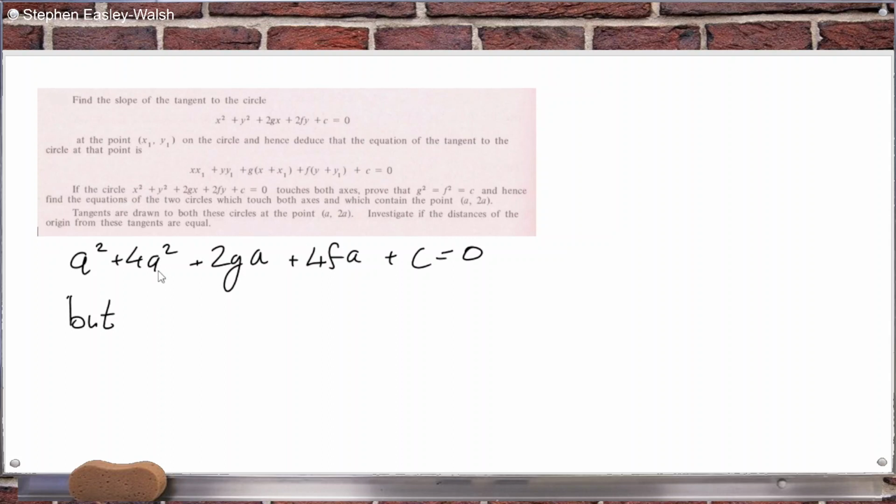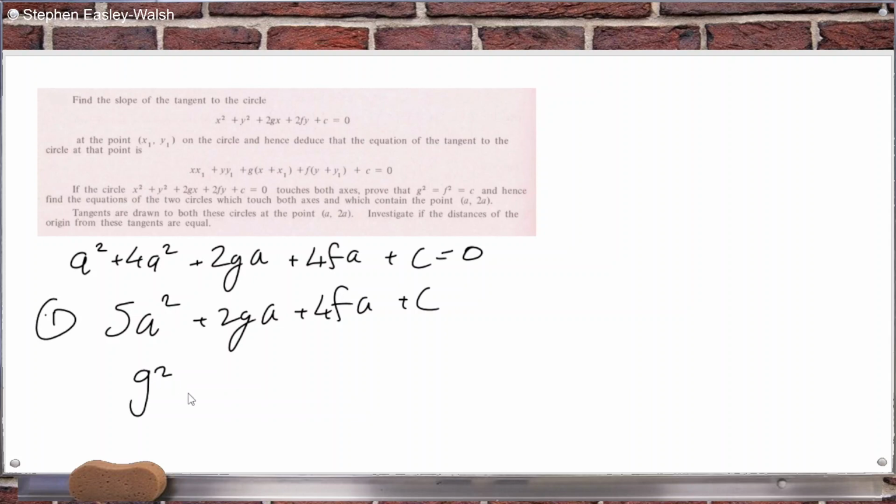So I think I can make an equation here, and then I can make a couple more equations, and maybe I can solve the system. So that's 5a squared plus 2ga plus 4fa plus c. That's one equation. I also know that g squared equals f squared. That's a second equation.